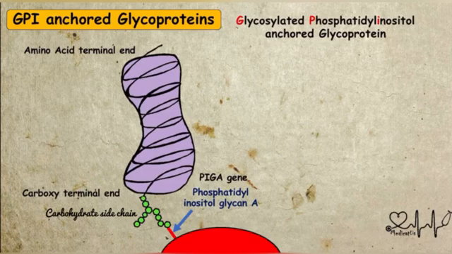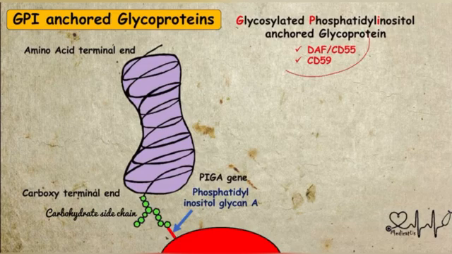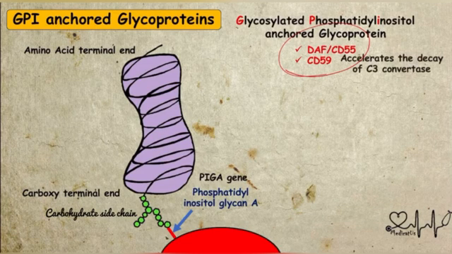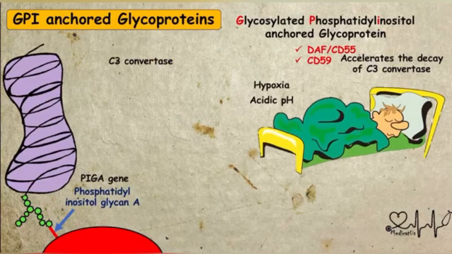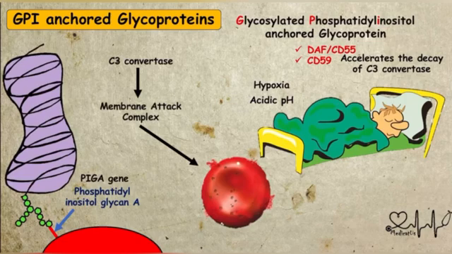The examples of GPI anchored glycoproteins are DAF or CD55 and CD59, and they both inhibit C3 convertase, and this C3 convertase normally gets activated due to acidic pH, especially during night while sleeping due to hypoxia, which forms the membrane attack complex causing the RBC membrane to rupture.